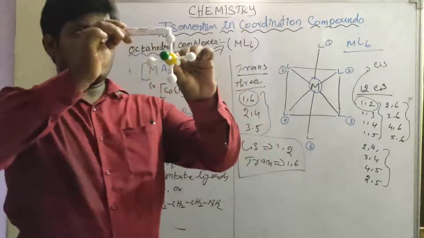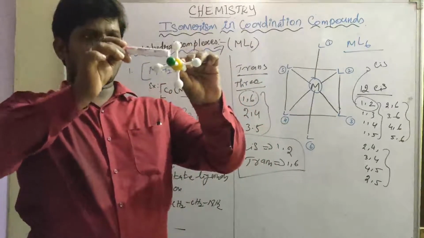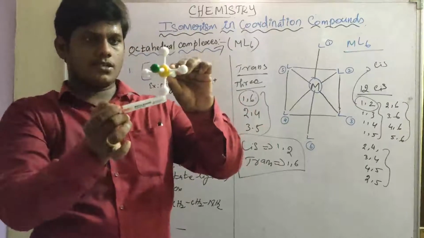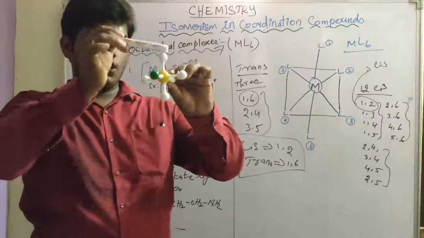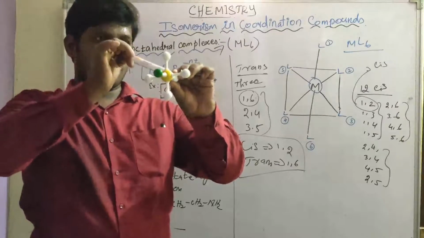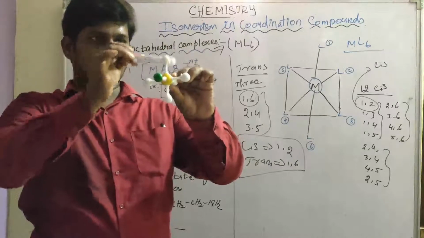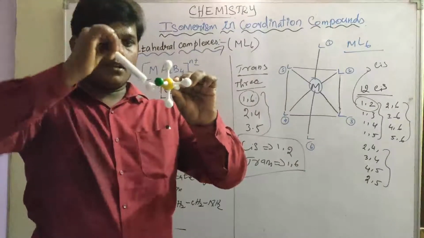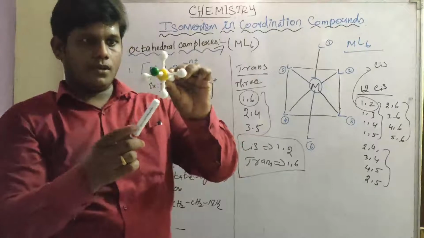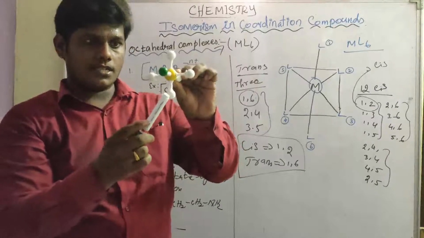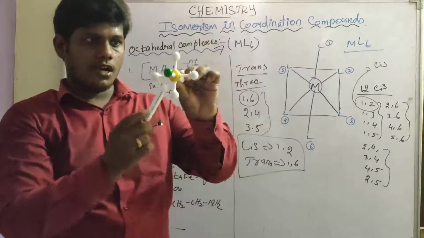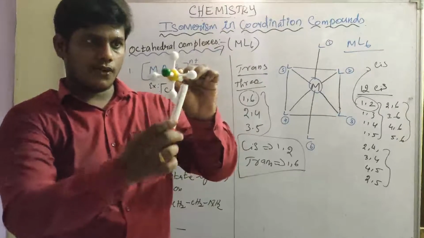So here, question number 1. 1, 2, 3, 4, 5, 6. So 1-2, 1-3, 1-4, 1-5. Totally 4 cis positions are present above the plane, similar to below the plane: 2-6, 3-6, 4-6, 5-6.